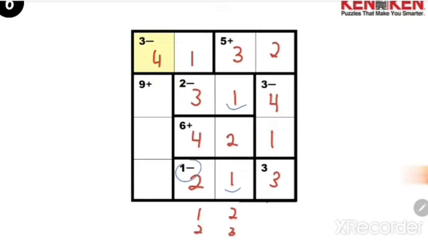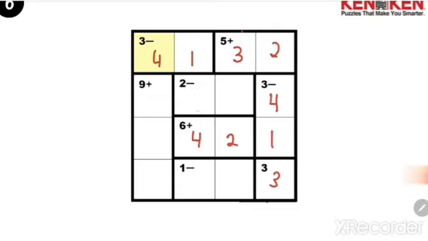But then, if I do that, 2 and 3, mauulit naman yung 3 sa taas. So in these cases, when I'm having, parang I'm not figuring it out, I need to erase it muna.